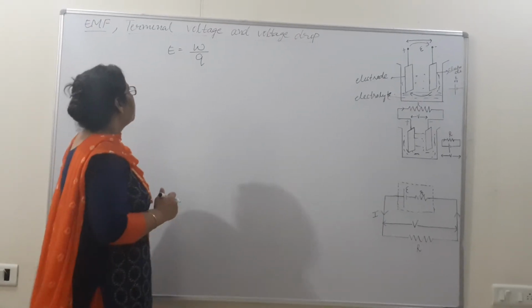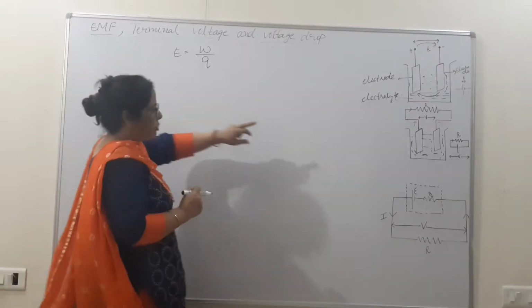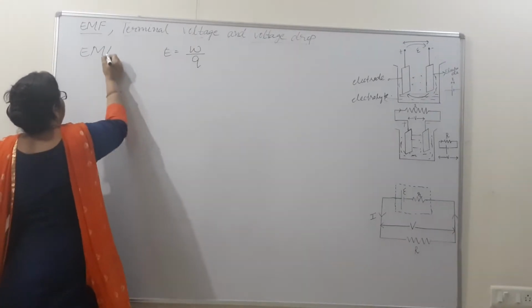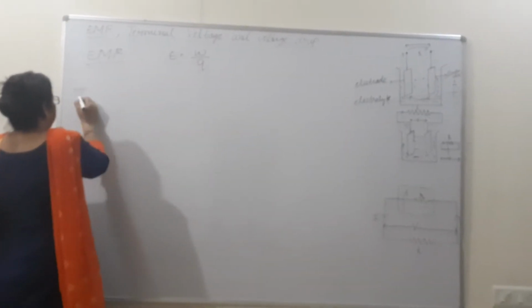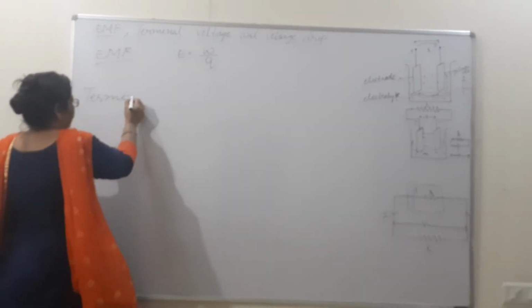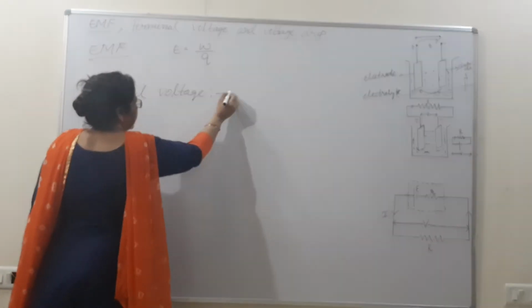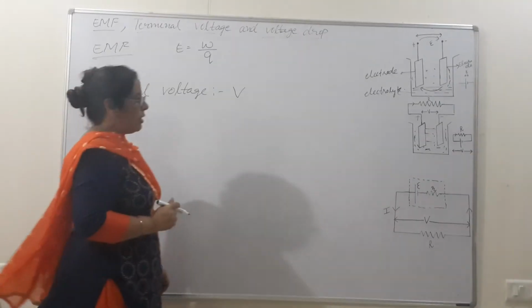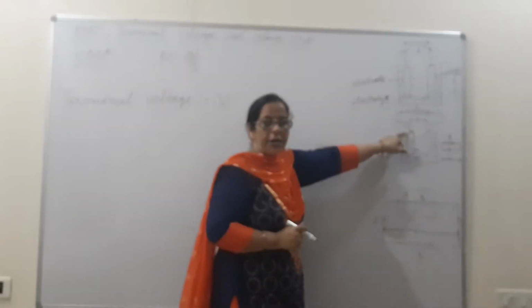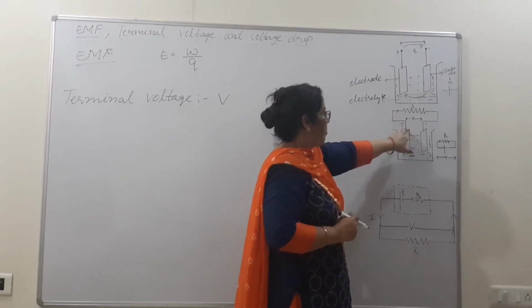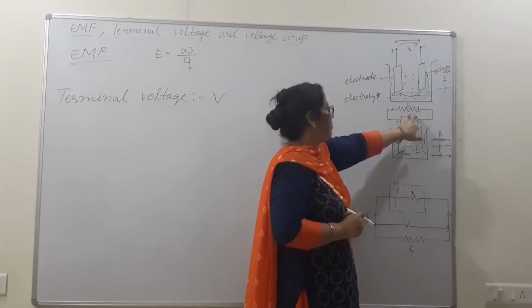Then beta, what is the terminal voltage? Its symbol is V, beta; this was for EMF, this is for terminal voltage. When we connect the cell in the circuit, meaning when we start drawing current from the cell, you see we have connected the terminals with a resistor wire.